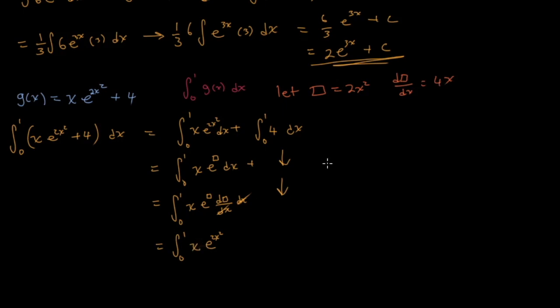So if we want to make this 4x, we just multiply by 4, dx. And of course, we want to cancel out this 4. So we'll multiply this by 1 over 4. Actually, we'll just skip that step and bring it right out here, times 1 over 4.